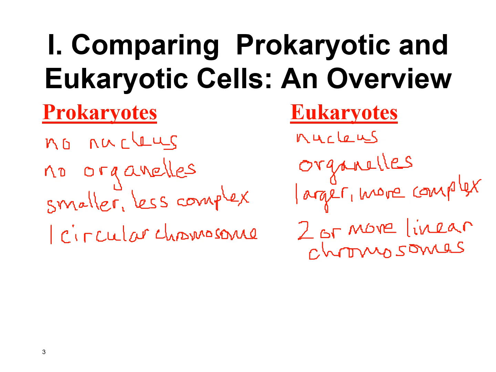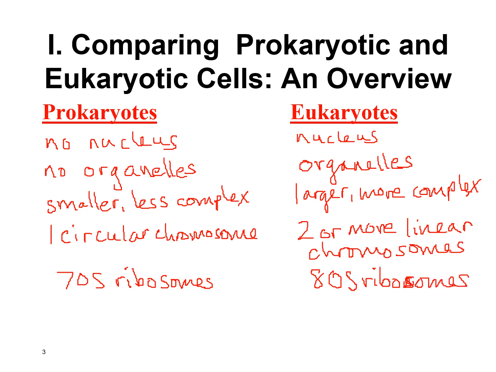And another difference would be the size of the ribosomes. Prokaryotes have what are called 70S ribosomes. And eukaryotic cells have 80S ribosomes. And the S just refers to a unit that's used to measure when they centrifuge things.